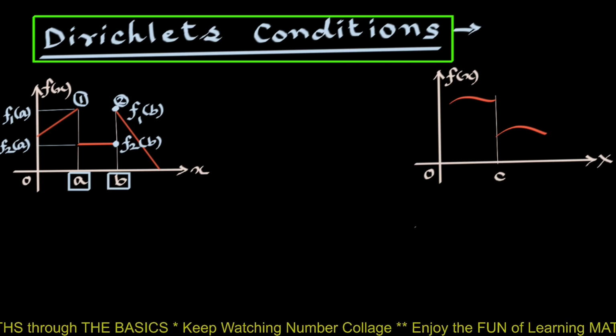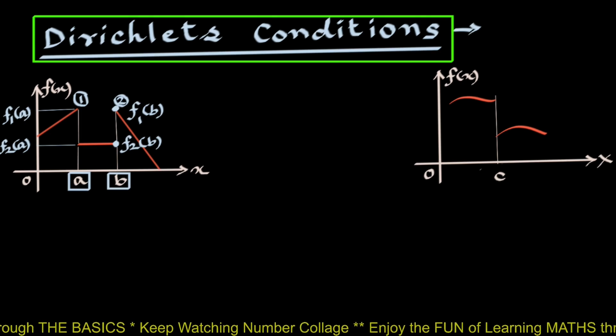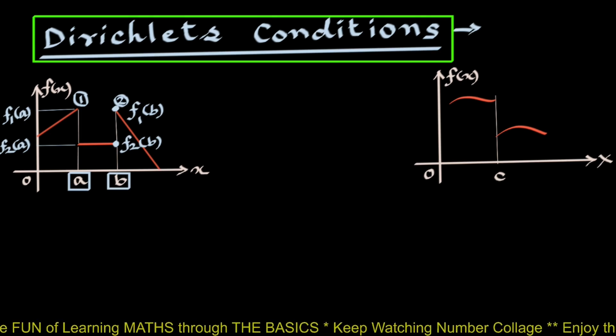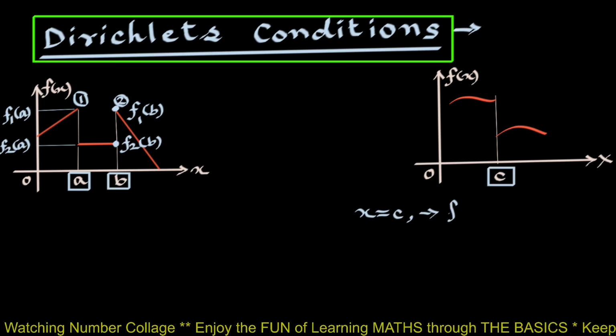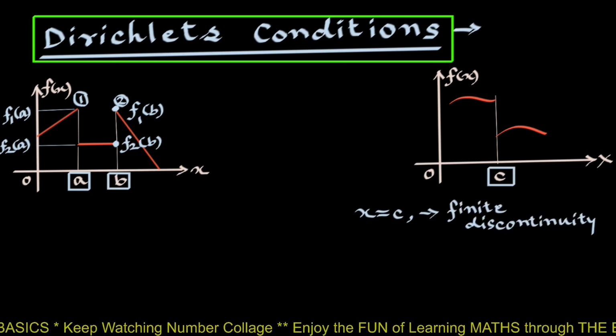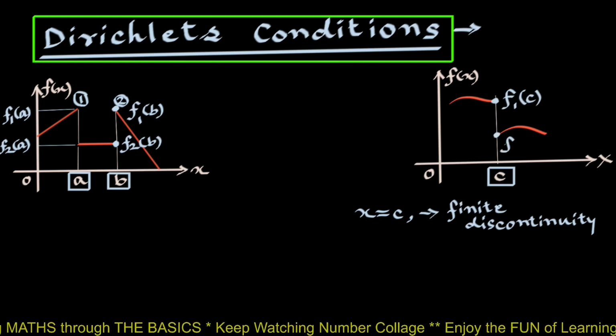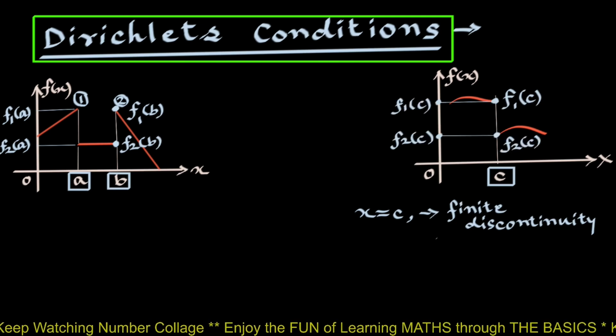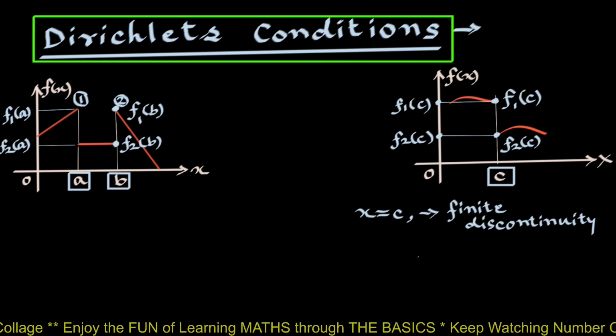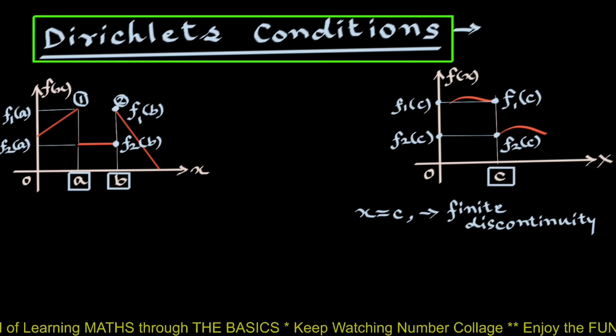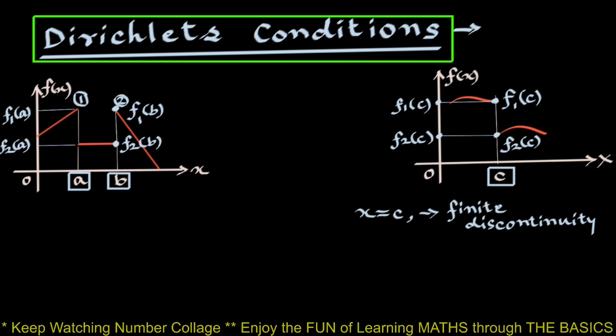In case of the second graph of function f(x), x equals c is a point of finite discontinuity because the graph breaks at f1 of c here and f2 of c here. Therefore, in this case, expansion of f(x) as a Fourier series is possible.